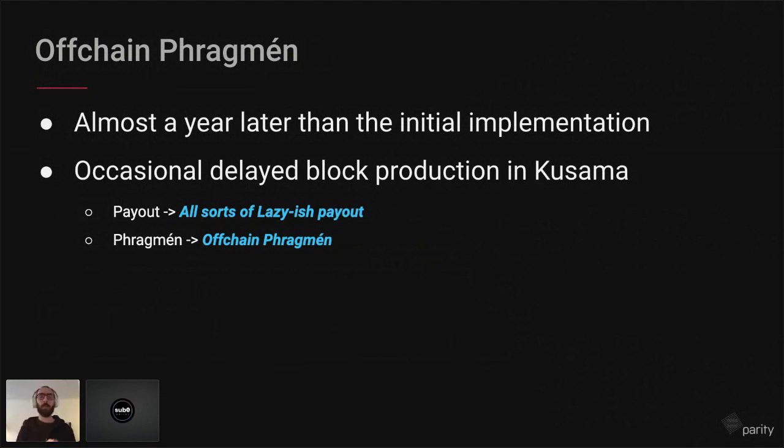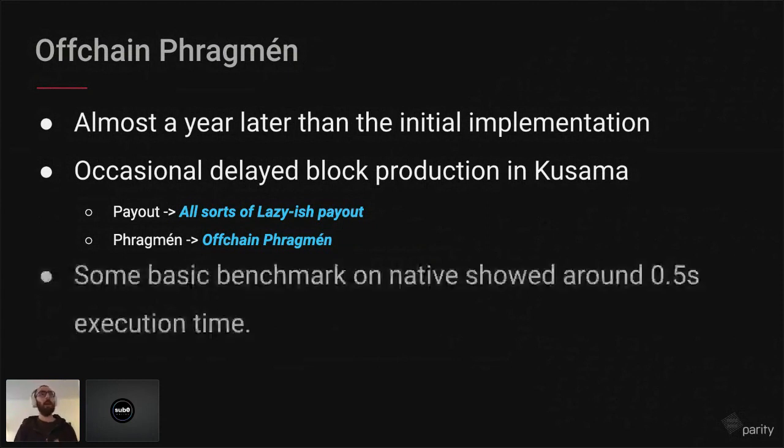Both of these operations happen at the end of the era, and both take a whole lot of time. We did some benchmarks, and it turned out Phragmen is also taking a lot of time next to payout. So we decided to move it to the off-chain Phragmen method that we had talked about for a long time, but the implementation was postponed for many reasons.